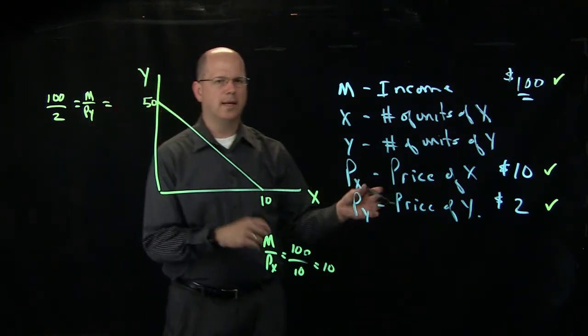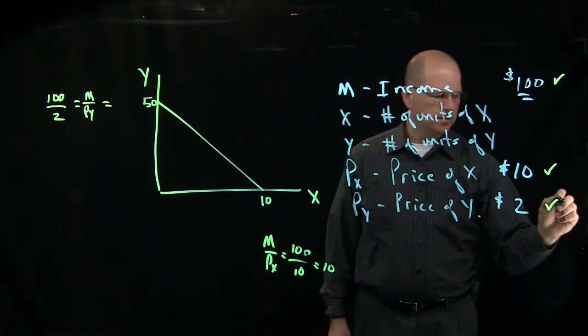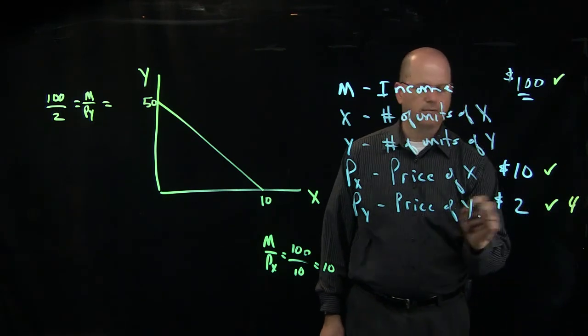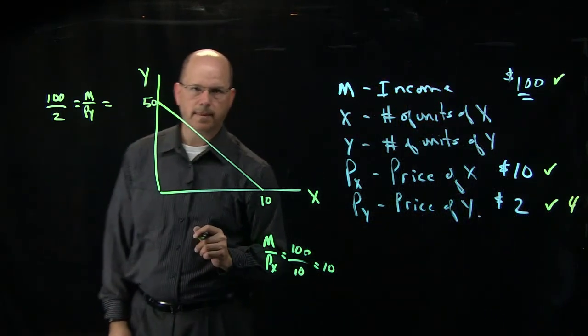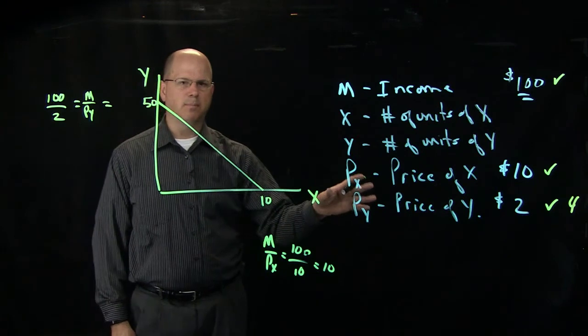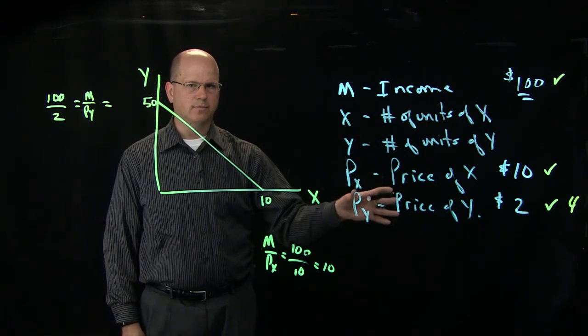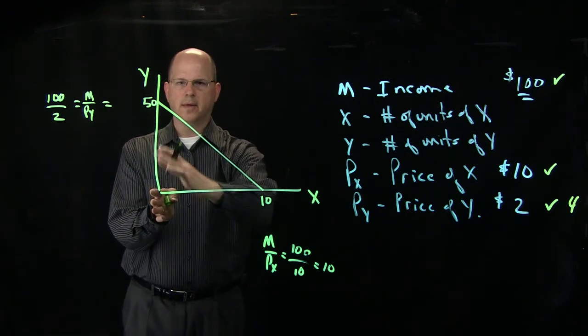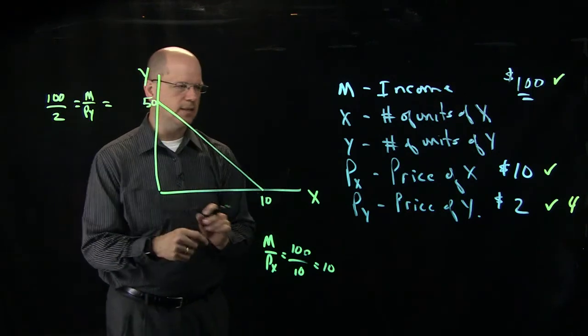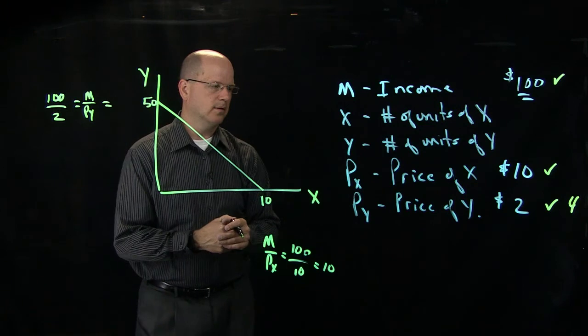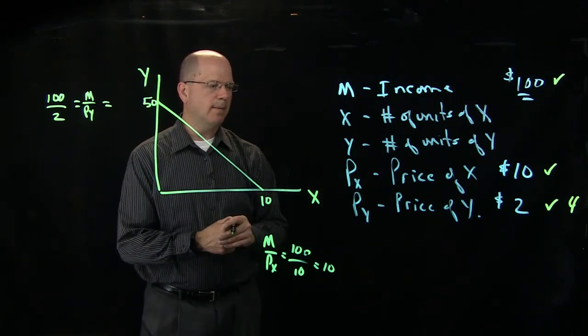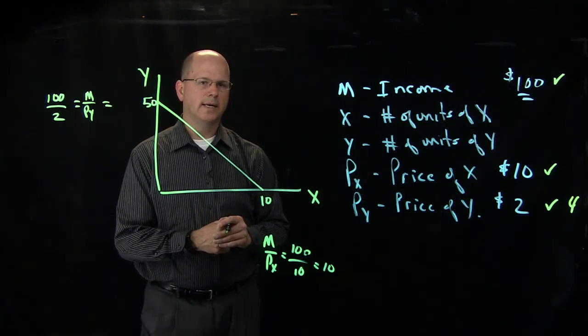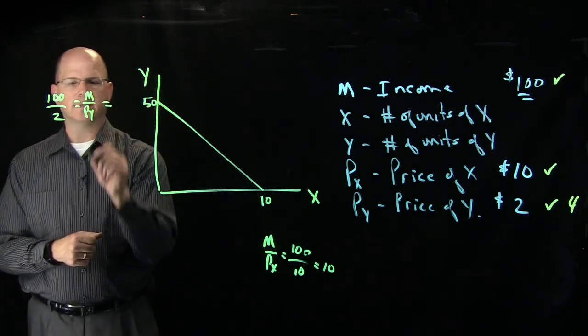And let's look at the price of Y going up to 4. Okay? So what happens to the budget constraint when the price of Y increases from 2 to 4? And remember, anything inside the triangle is inside the feasible set. Let's go to our endpoint.